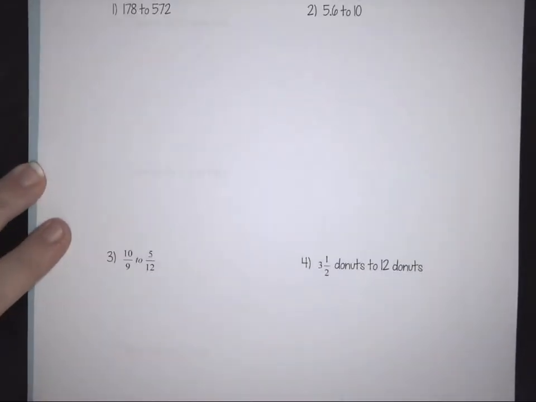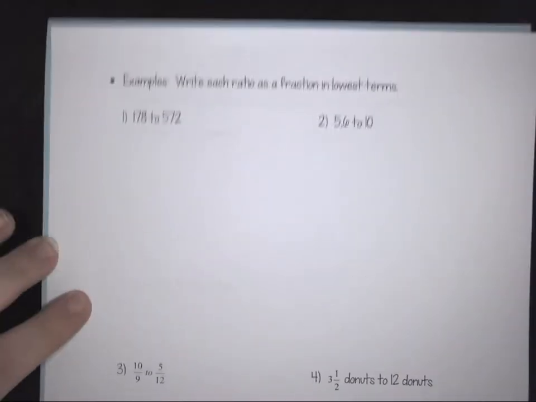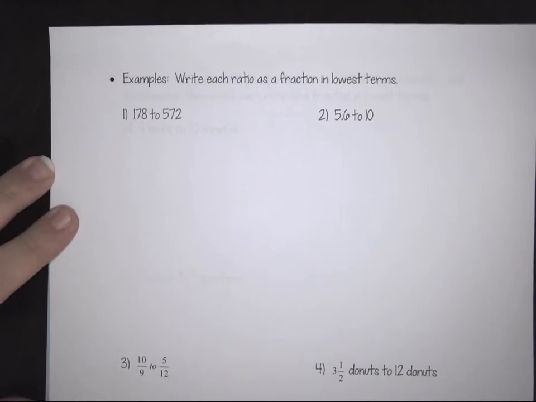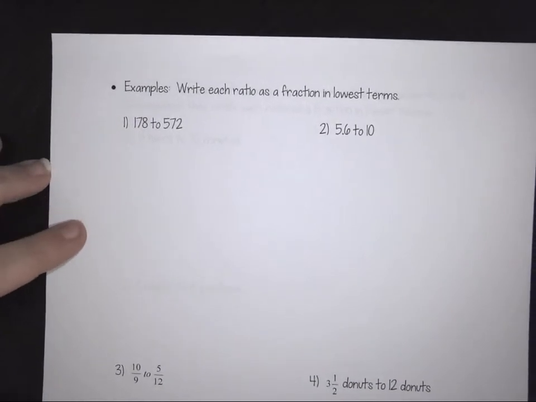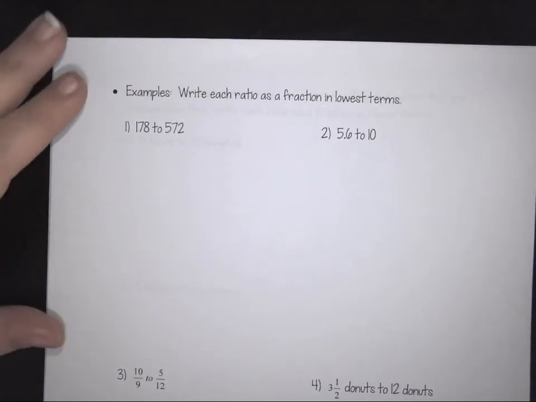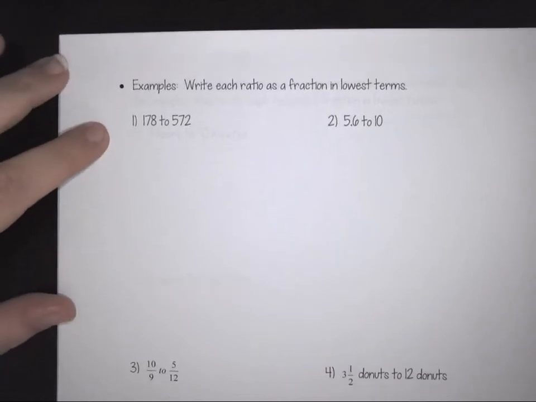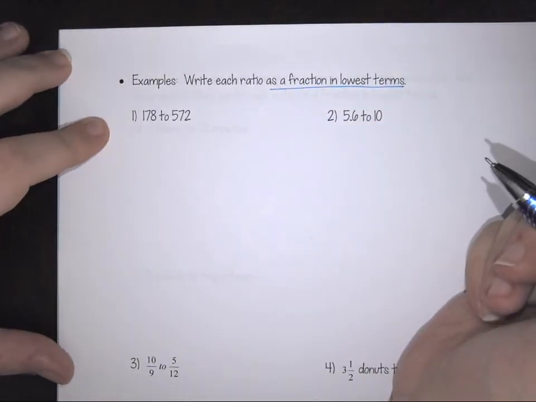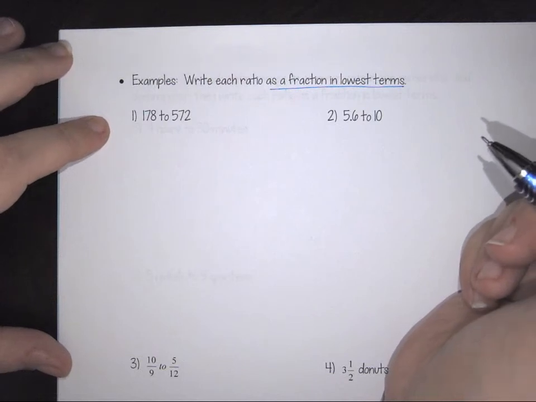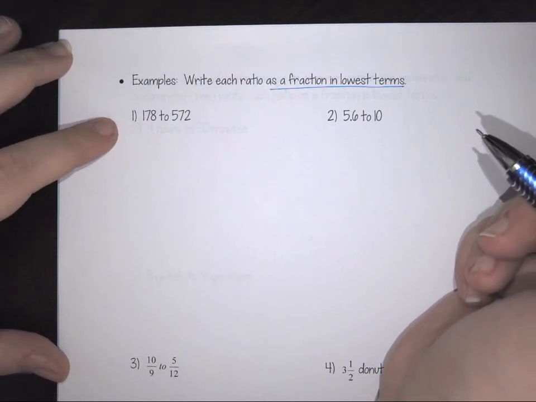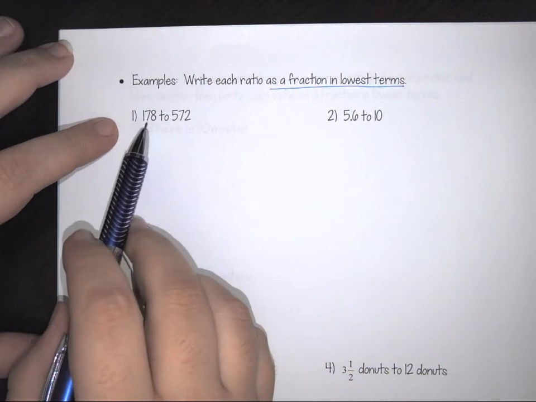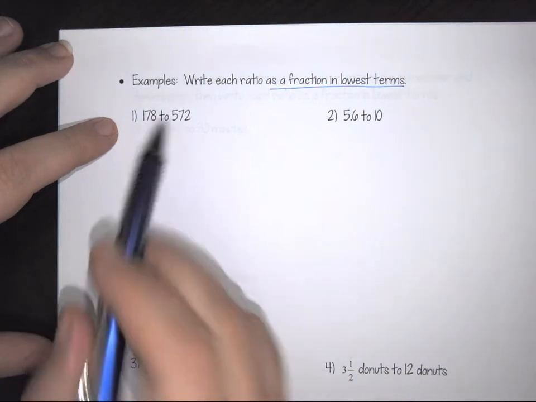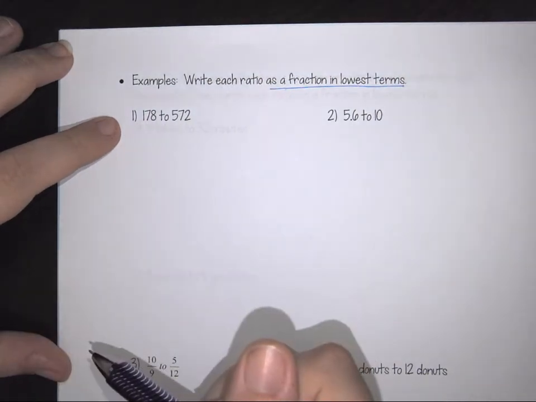Now, with that, I've got a bunch of different examples of different types of ratios that can be created. So first it says write a ratio as a fraction in lowest terms. So what that means is once you create your ratio, you need to see if you can reduce. So I have 178 to 572.